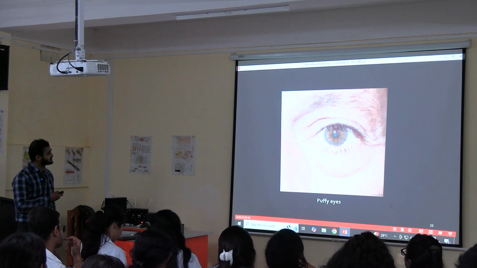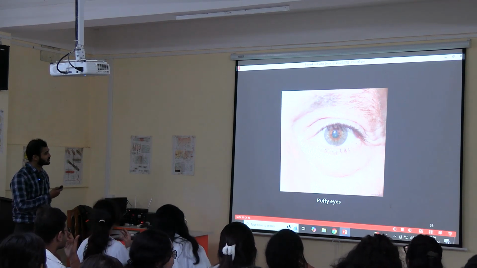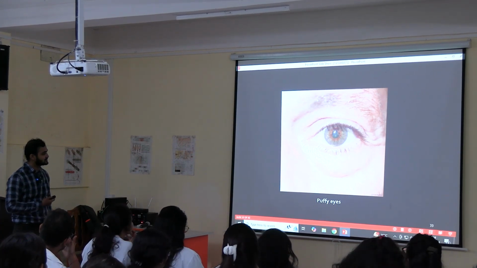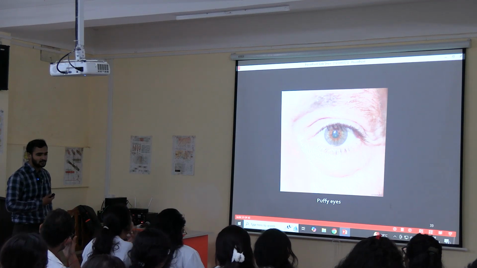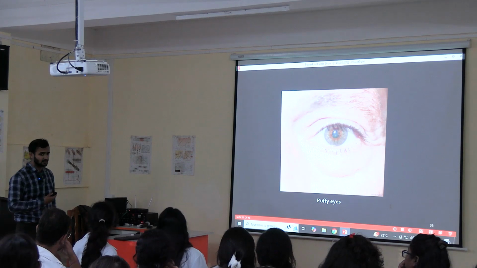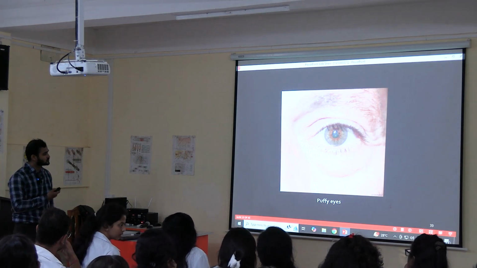You can see the orbits are looking swollen. It's swollen, right? So in which conditions do we see this puffy eyes or puffy face? You say hypothyroidism, and this swelling is because of what?